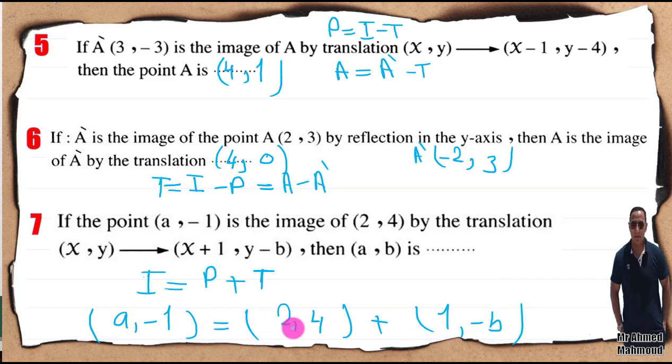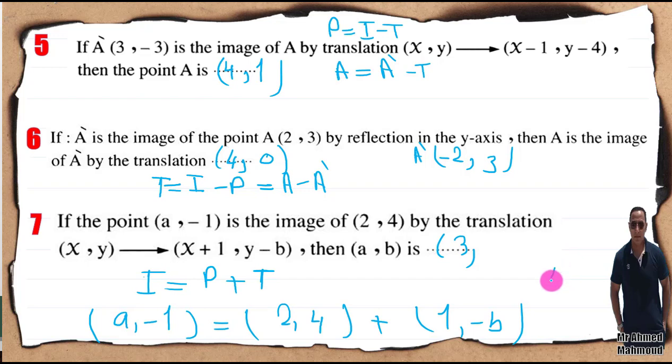Here, 2 plus 1 equals A, so A equals 3. And 4 minus B equals negative 1. If you need to solve it mentally, it's okay, it equals 5. But I need to solve it by an equation.